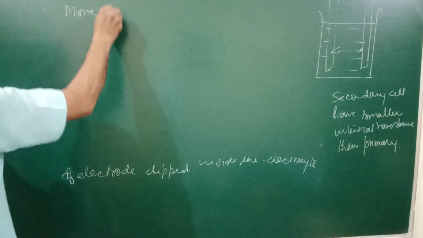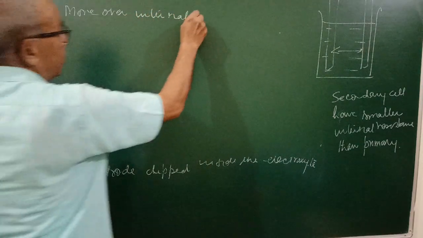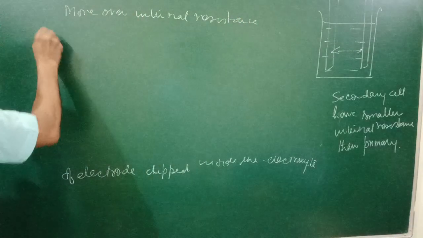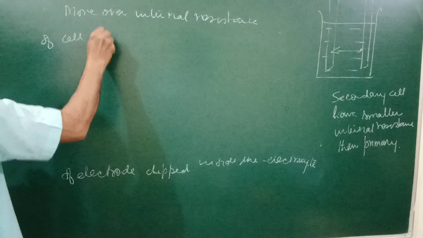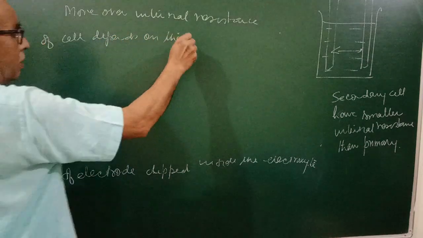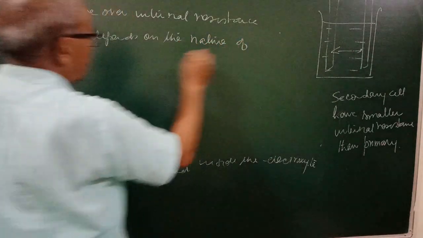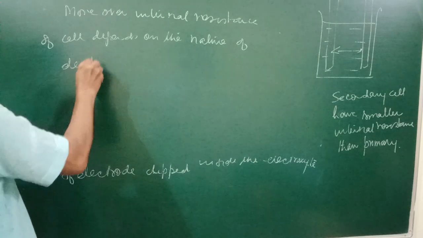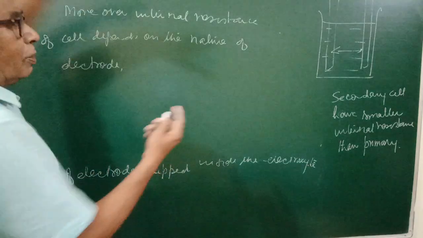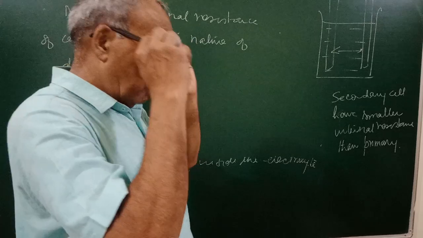Moreover, internal resistance of cell depends on the nature of electrodes. Carbon electrode is used in Leclanche cell, which acts as the positive needle.